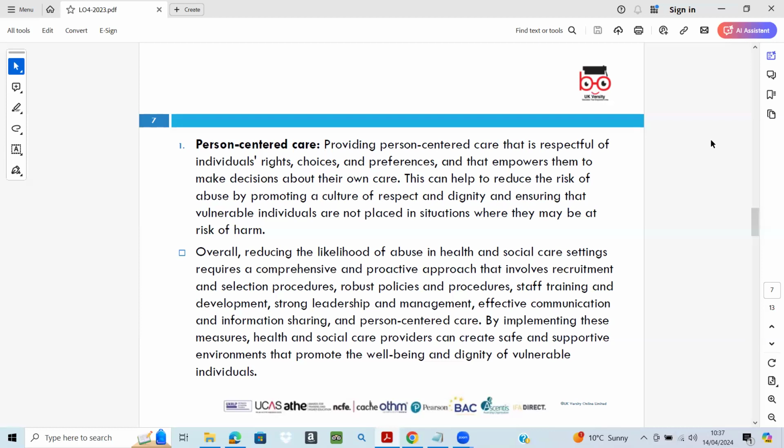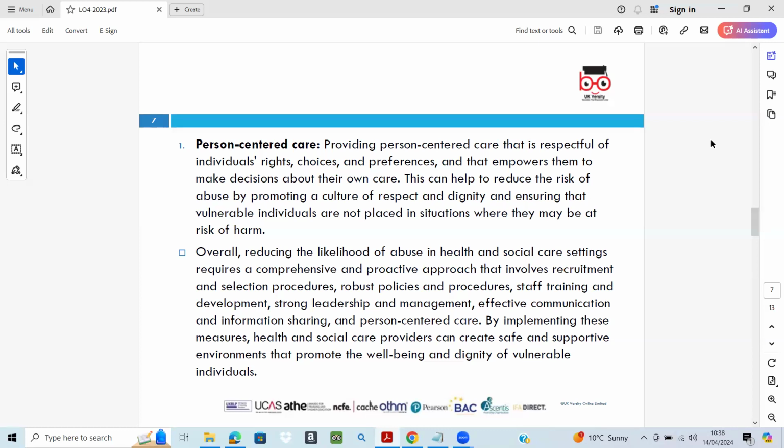We always give the service user person-centered care, and we always do the risk assessment. We always assess the client, and then after that we prepare our care plan, or any plan, for the betterment of the service user. It should be person-centered according to the needs and the risk of the person involved.